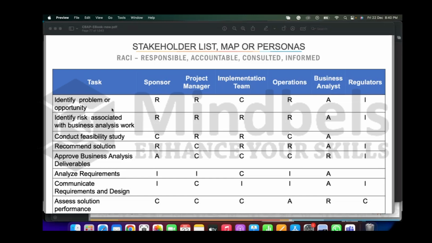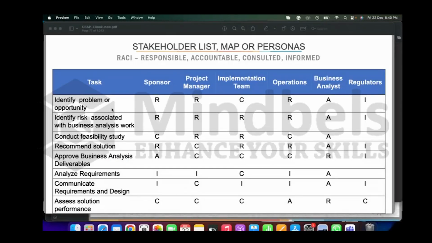Because recommend solution is you're just trying to give a solution that you think may work or may not work. You would have thought of giving a solution like A, B, C, whatever, but it is just a recommendation. It cannot be placed in effect, it cannot be placed in action. So it is more of just a recommendation.